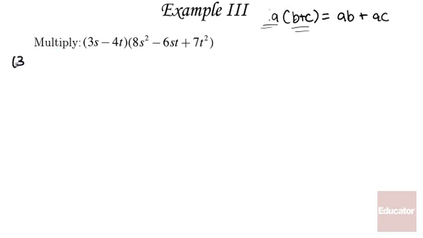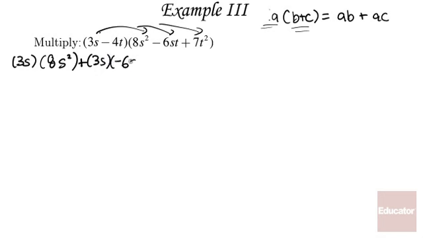First, I have 3s. I'm going to multiply it by each term in here. 3s times 8s squared plus 3s times negative 6st plus 3s times 7t squared. Okay, I've taken care of the 3s.